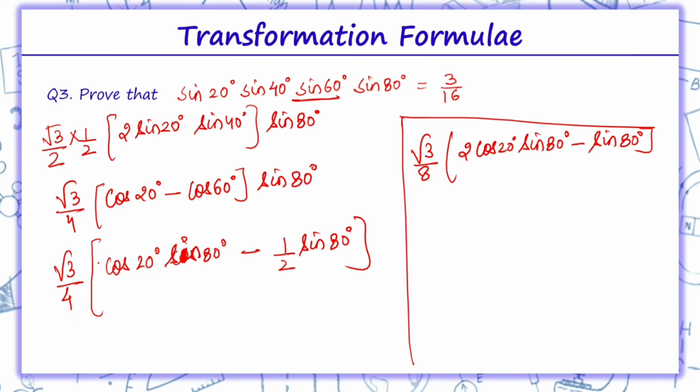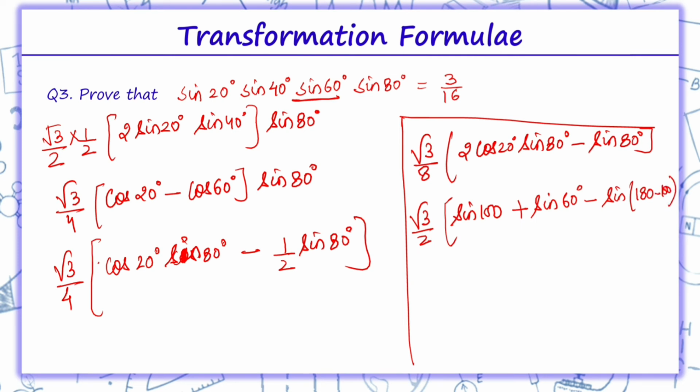Applying the identity 2 sin A cos B, it will be written as sin of A plus B plus sin of A minus B. So here we can write it as sin 100 plus sin of 80 minus 20, which is sin 60 degree. Sin 80 degree can be written as sin of 180 minus 100.